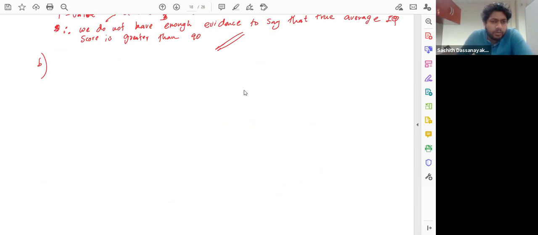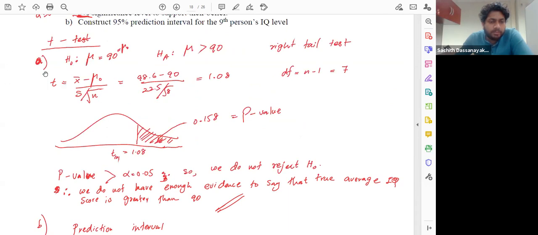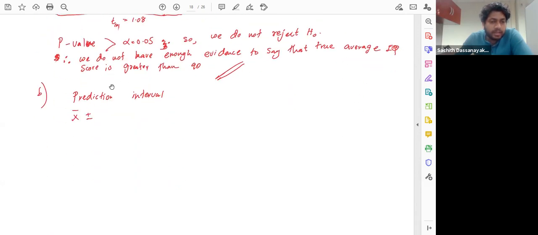To find the prediction interval, if you check the chapter 7 notes, you will see the prediction interval is x bar plus or minus, using this, by cross multiplying you can get this formula: t alpha over 2 with this degree of freedom, times s times square root of 1 plus 1 over n.